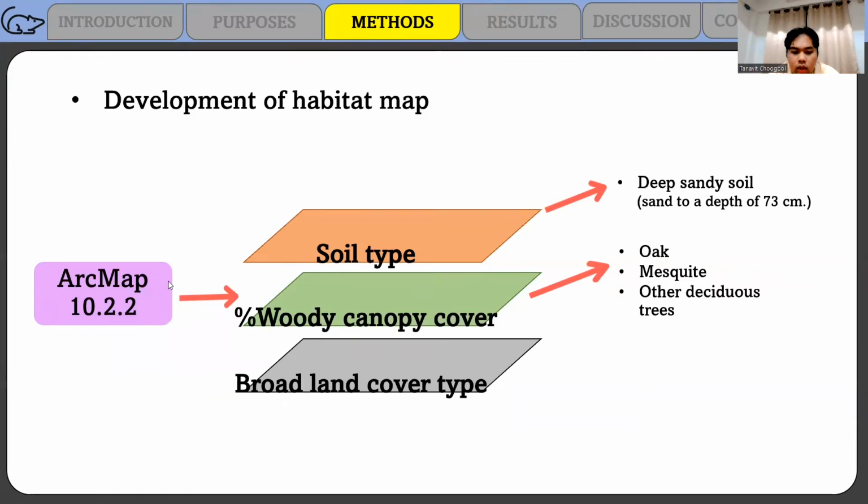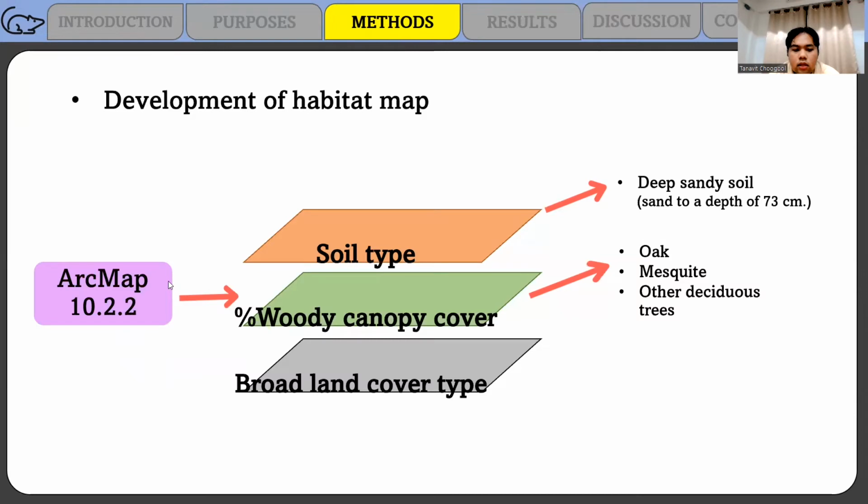From the bottom, the broad land cover type is the base data, and they add more variable data. First is the percent of woody canopy cover. This area is almost entirely covered with old mesquite and other deciduous trees.